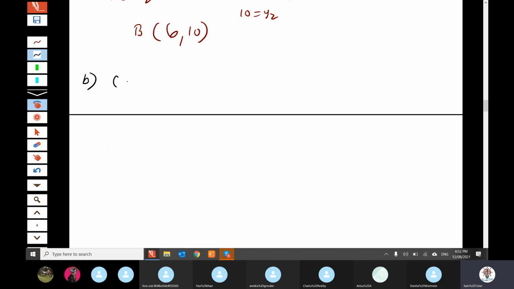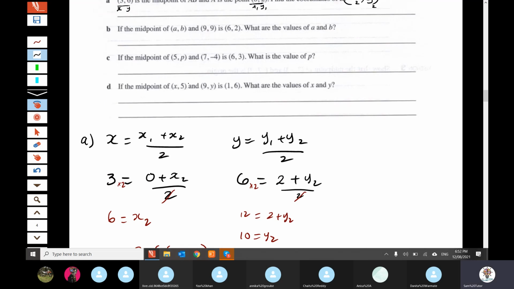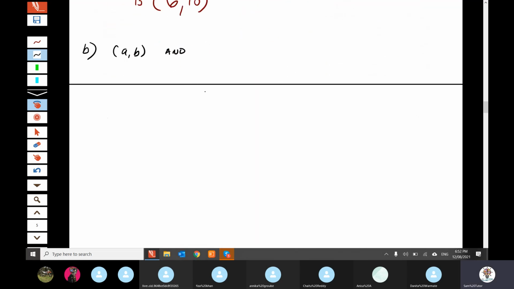So this is your midpoint. 6 equals A plus 9 divided by 2, right?